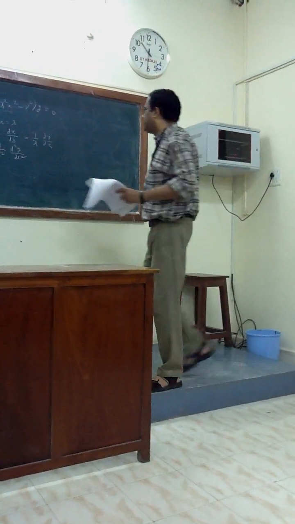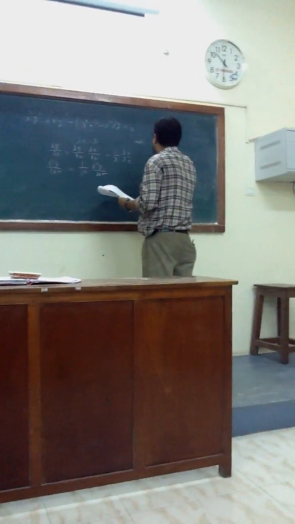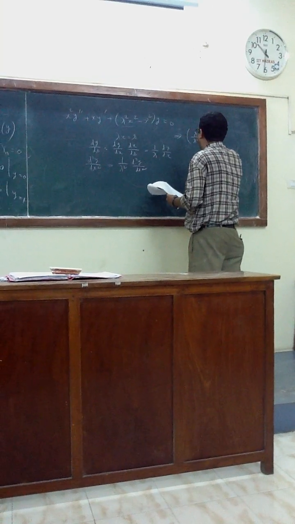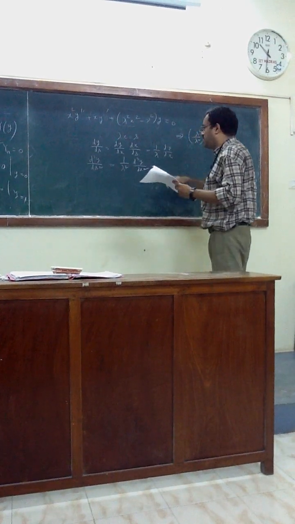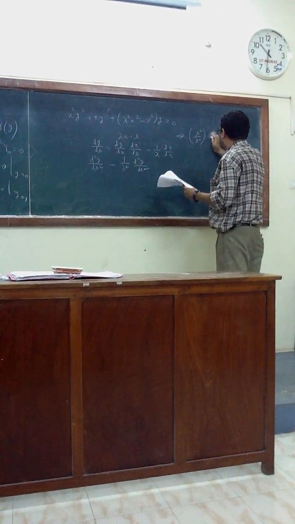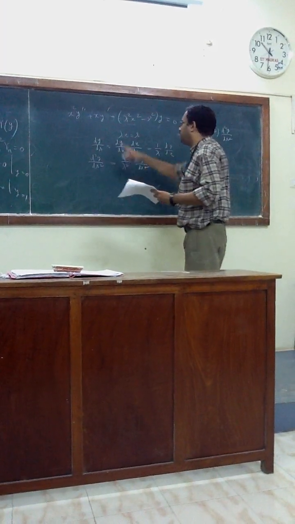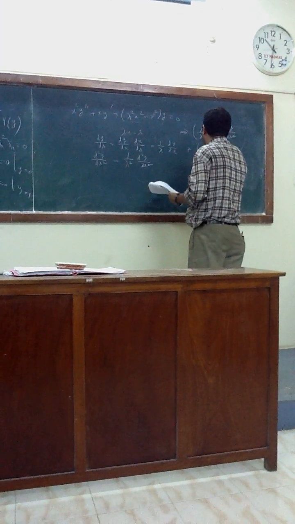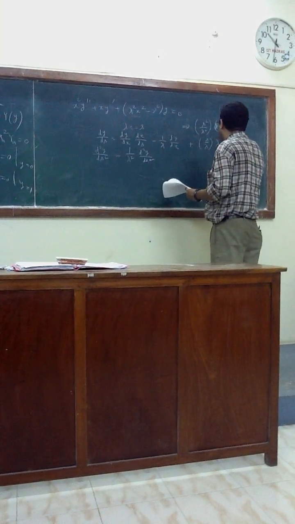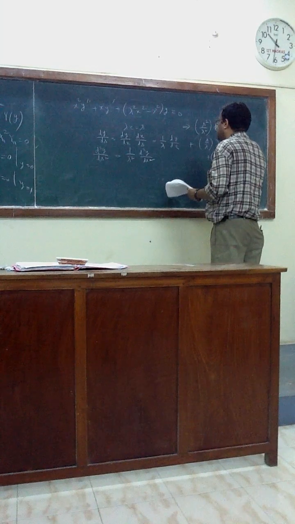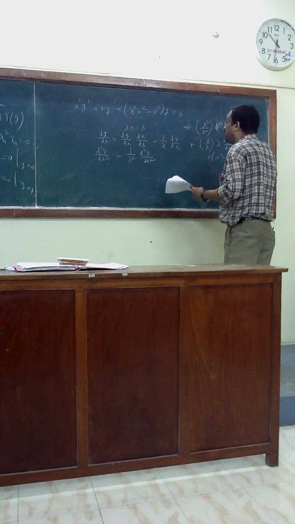In place of x we write s by lambda, and y double prime we write in terms of d2y by ds square, which is lambda square d2y by ds square, plus x means s by lambda, y prime is lambda dy ds, plus s square minus gamma square y equals 0.